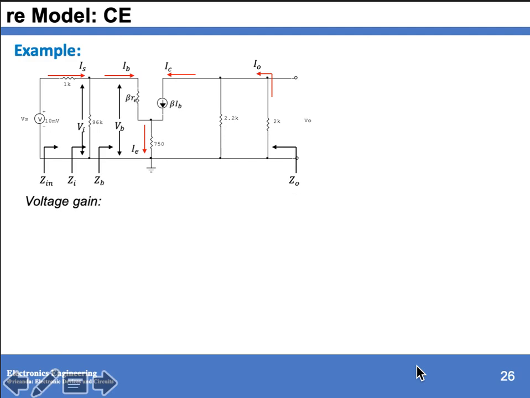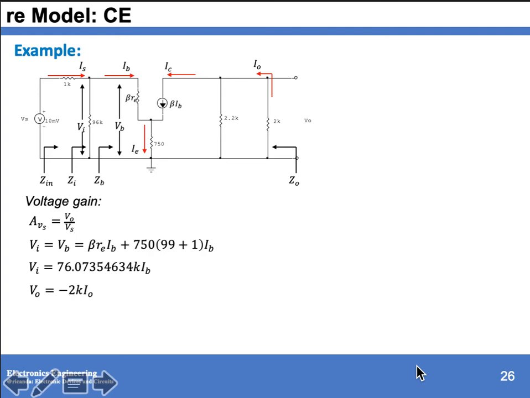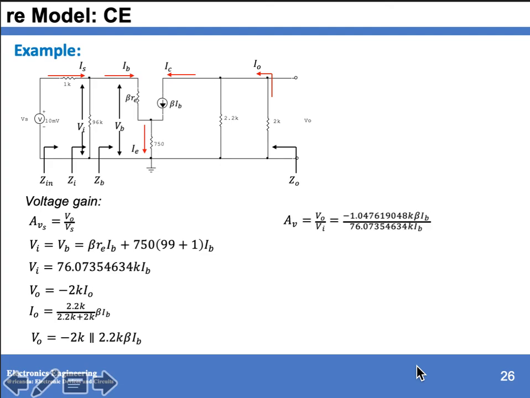Then for the voltage gain, which is B over BS, we have already our BI. And for BO, so we have this BO. So we have to get the ratio B over BI. So we have now negative 1.363342327. That is B over BI.